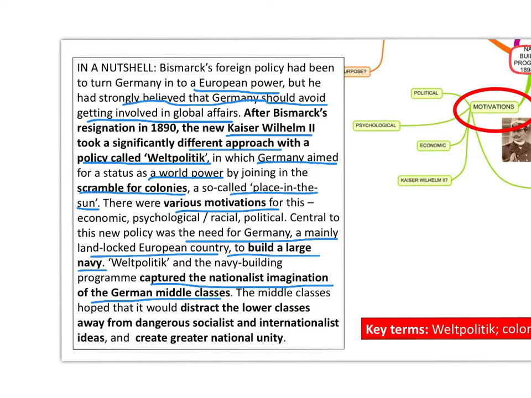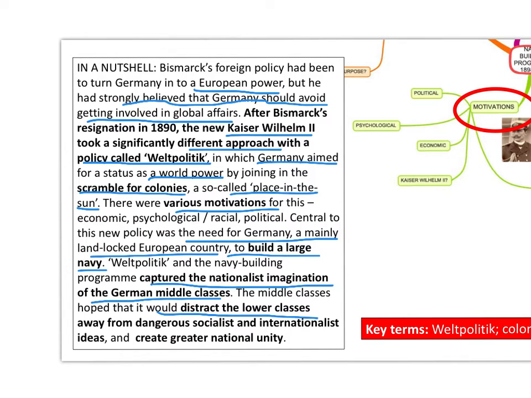Because the middle classes hoped that if Germany got involved in a race for colonies, like a competition, we're competing against the British and the Belgians and the Portuguese and the Spanish, etc., we're competing to grab as much land of our own. It's almost like an international World Cup, but it's not football, it's the race for colonies. The German working classes will get hooked up in it and will suddenly get really proud of being German.